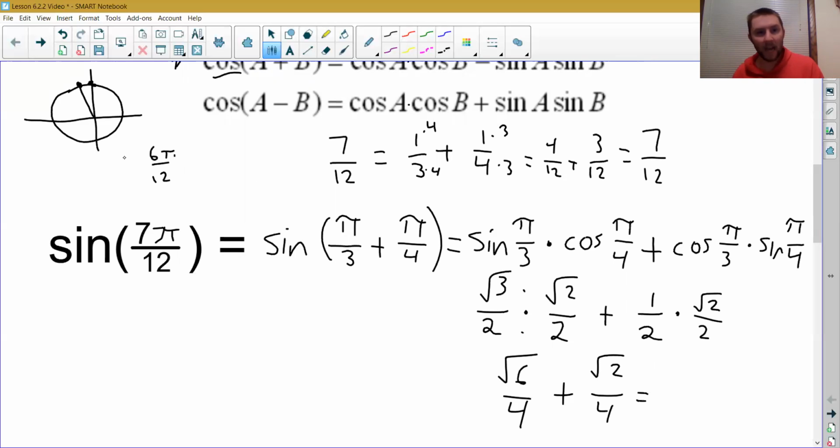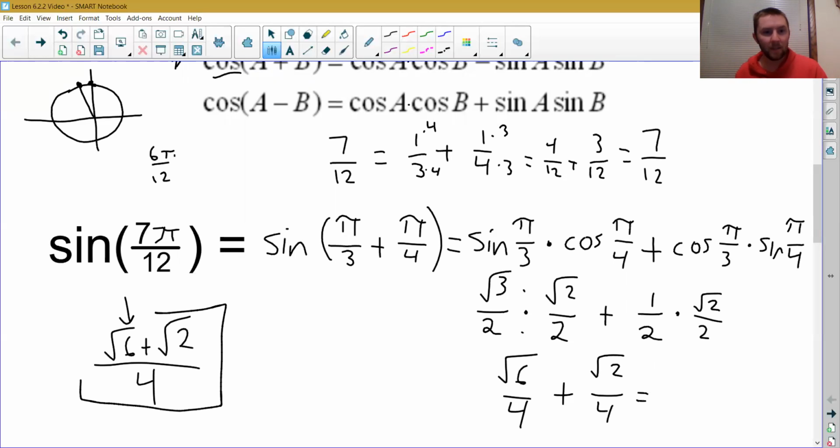So this exact value, the sine of 7 pi over 12, is actually equal to radical 6 plus radical 2 over 4. Okay, because they had a common denominator, so I just used that denominator one time. So it's radical 6 plus radical 2 over 4 for the sine of 7 pi over 12. So again, this came from the angle sum formula.